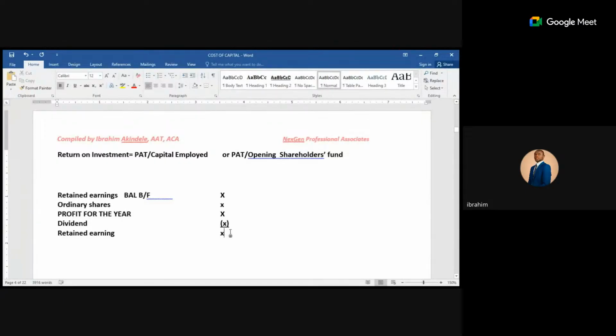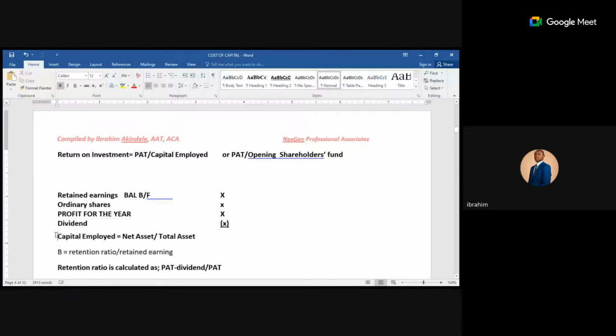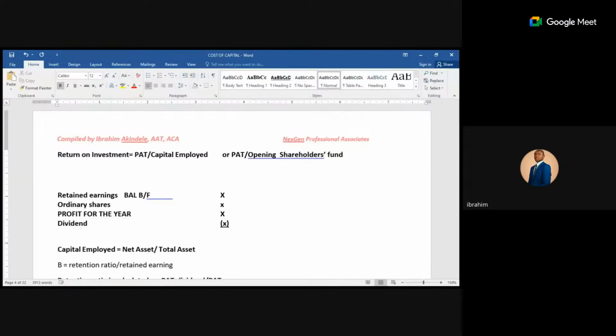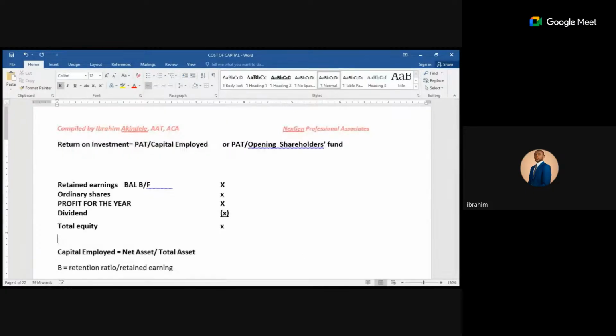Okay. Let's say this is your total equity, to be this. Class, you should not forget that this is your total equity, and this should be your shareholders funds.